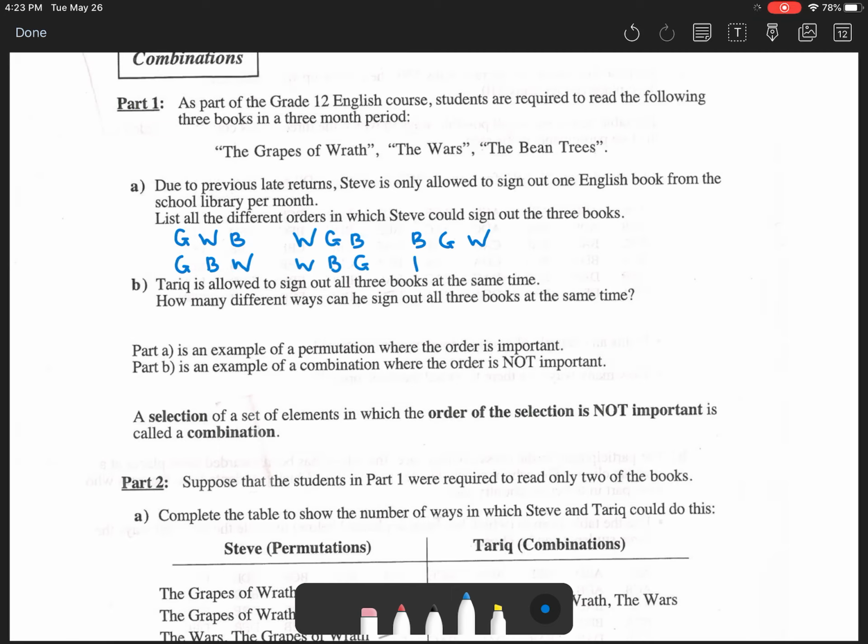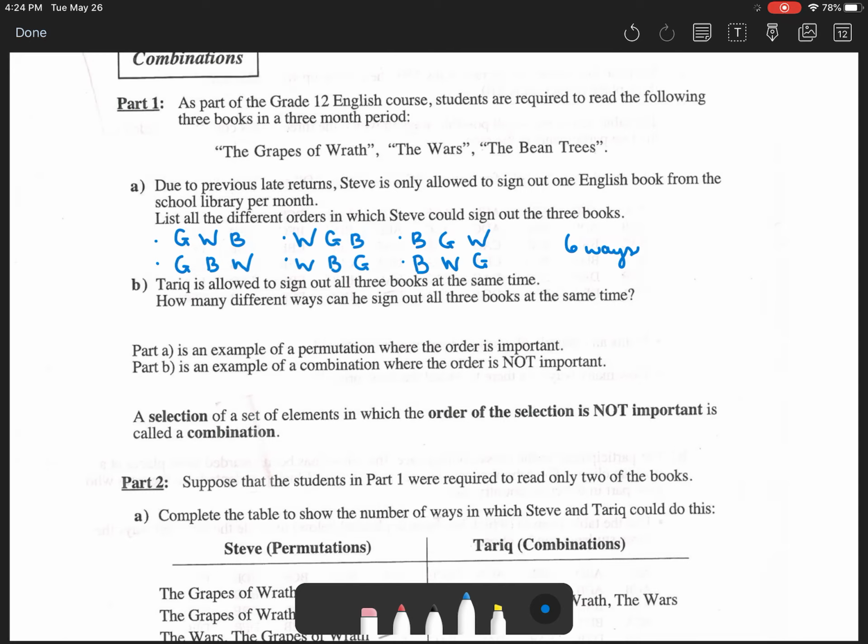And then the final ones start with Bean Trees: Grapes of Wrath, the Wars; and then Bean Trees, the Wars, and then Grapes of Wrath. So in total there are 6 ways. Each of those is a different way that he can remove the books 1 at a time in a month. So 1, 2, 3, 4, 5, 6 different ways.